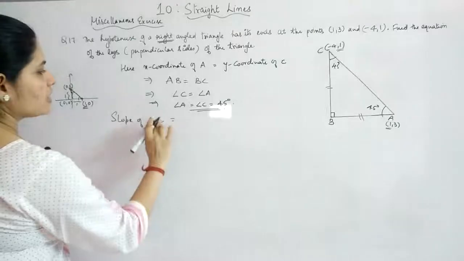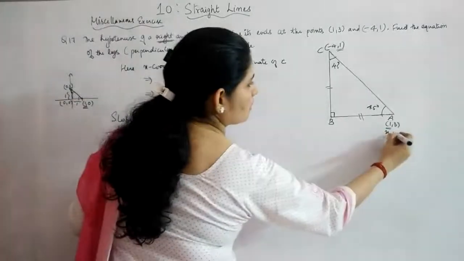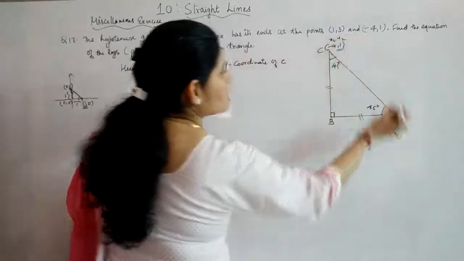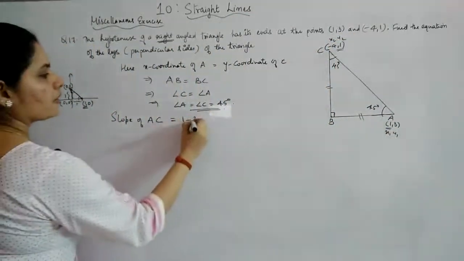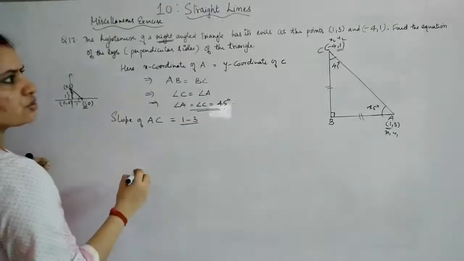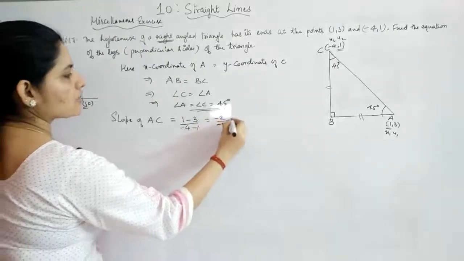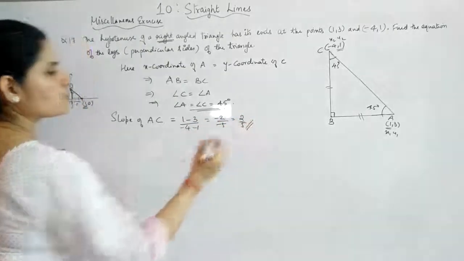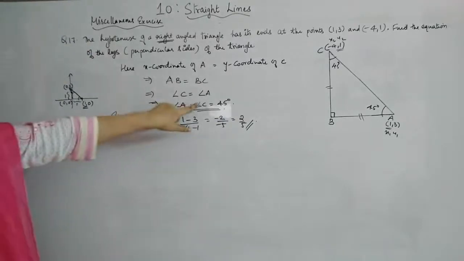Okay, slope of AC will be y2 minus y1 by x2 minus x1. Suppose this is x1, y1, x2, y2. So you'll get minus 2 by minus 5, or 2 by 5. So you got the slope of one of the lines to be 2 by 5, and the angle between them is 45.